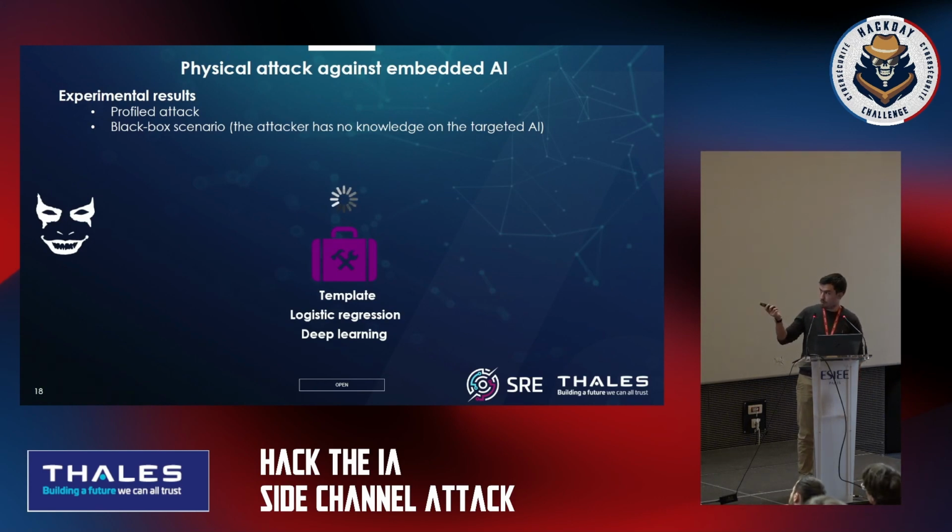And one fun fact here is that we can use deep learning techniques to process our physical traces. So in other words, we can use deep learning techniques to extract the logits that have been manipulated by an artificial intelligence. So in other words, we can use deep learning solutions to attack AI.